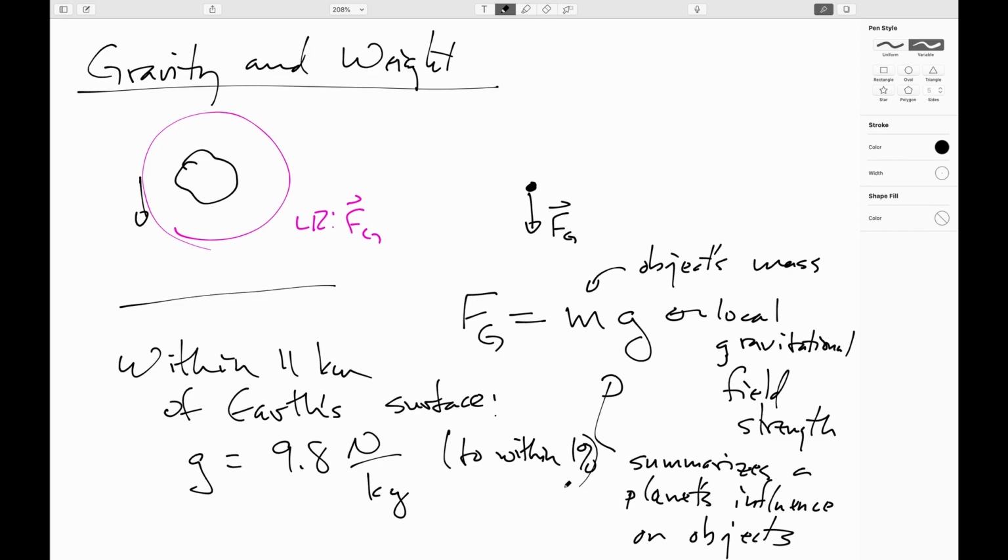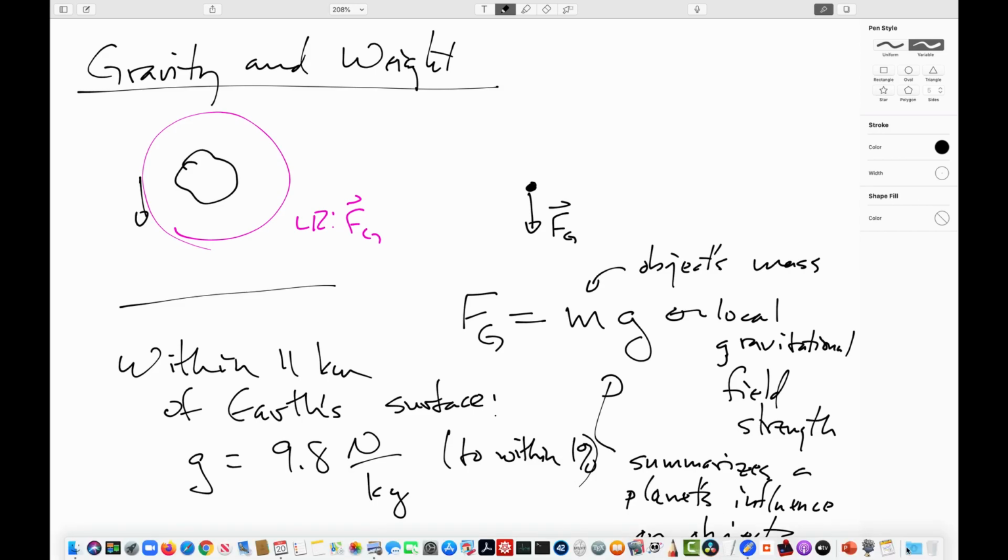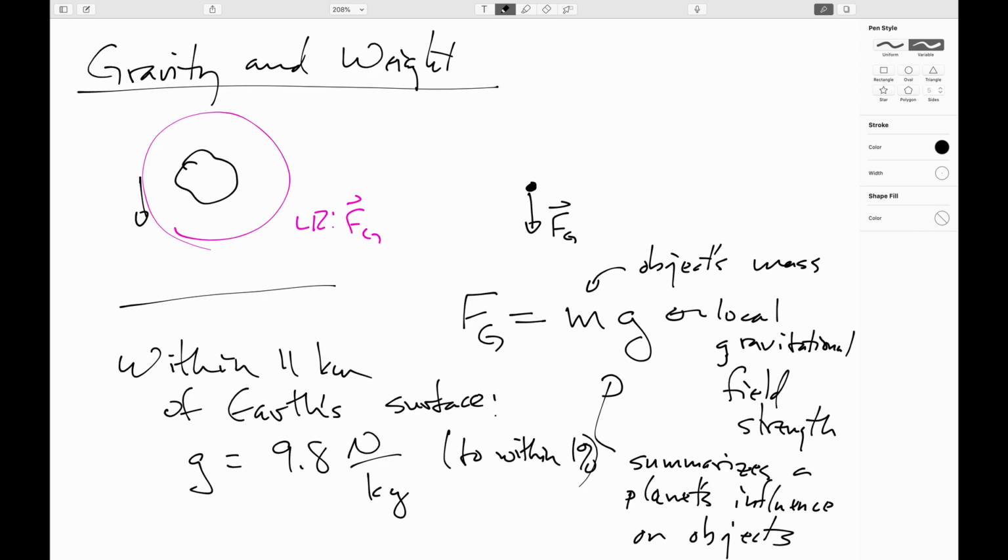There are some issues having to do with the rotation of the Earth that show up in the hundredths place. So I generally like to just keep things at the tenths place.